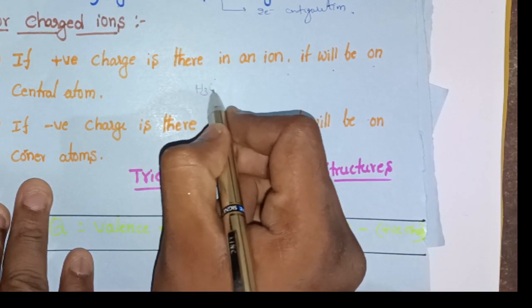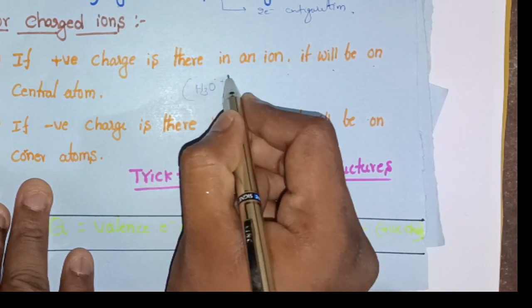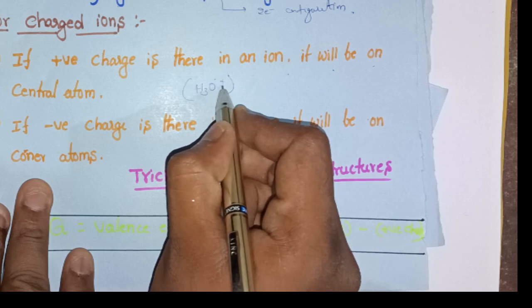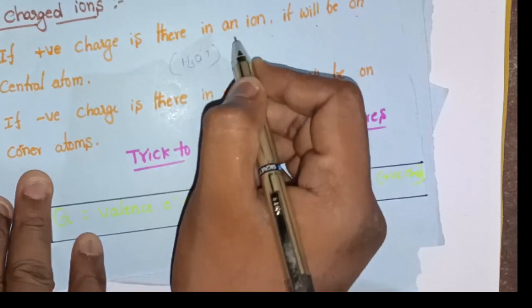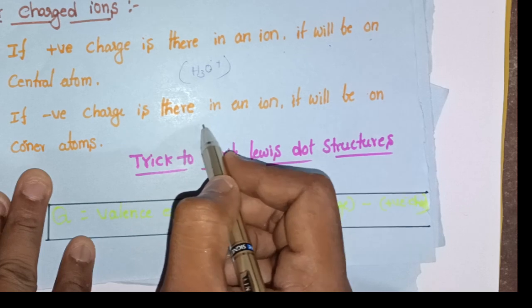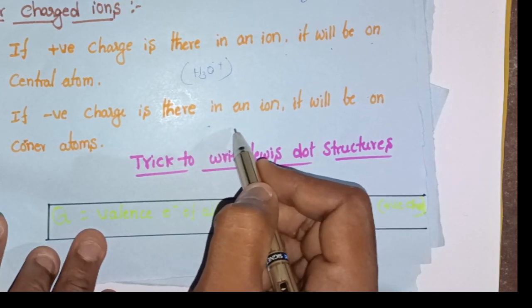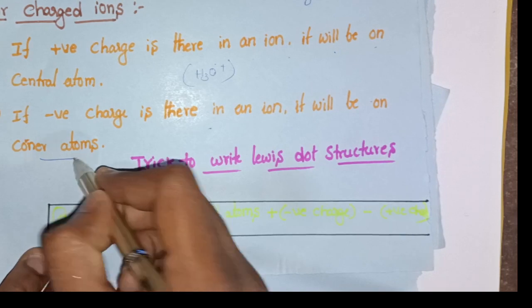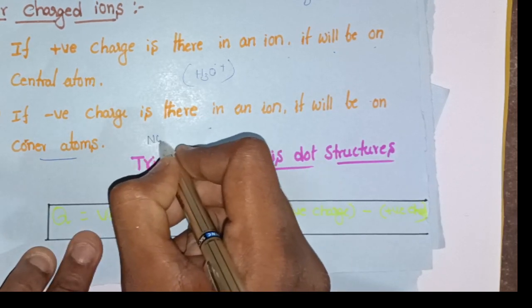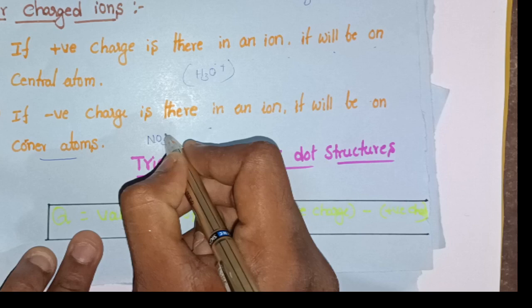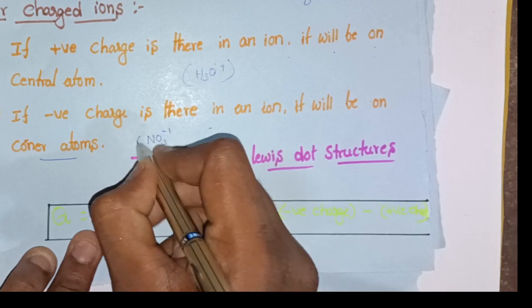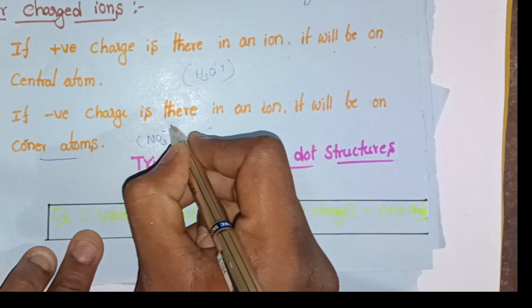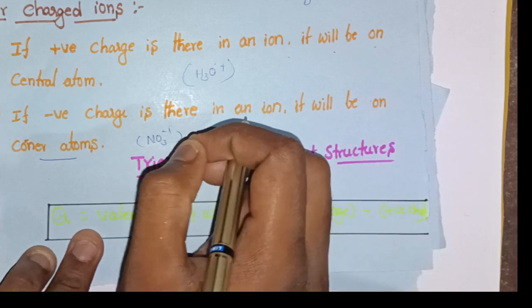For example, H3O plus. This positive charge will be on the central atom O. If a negative charge is there in an ion, it will be on the corner atoms. That is, for example, NO3 minus 1. This negative charge will be on oxygen.